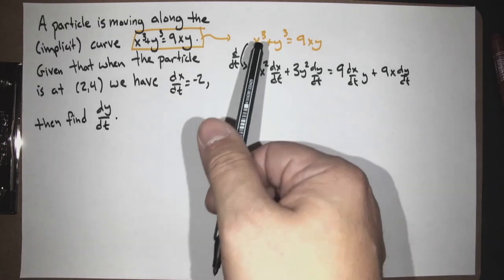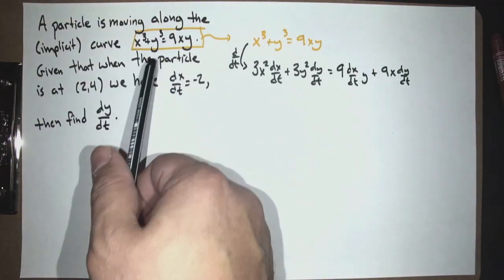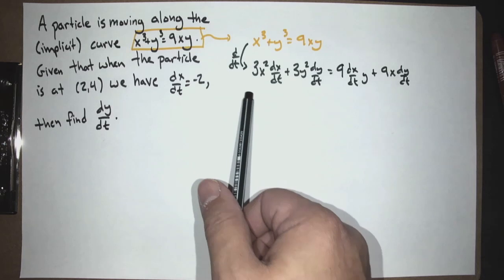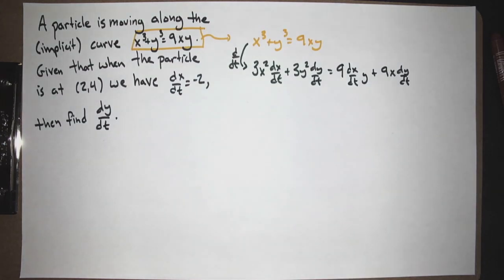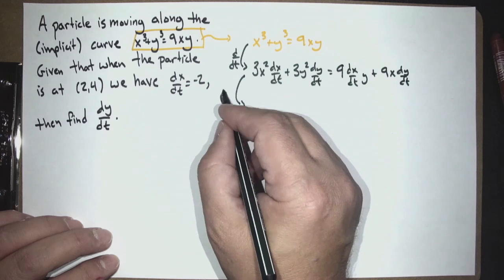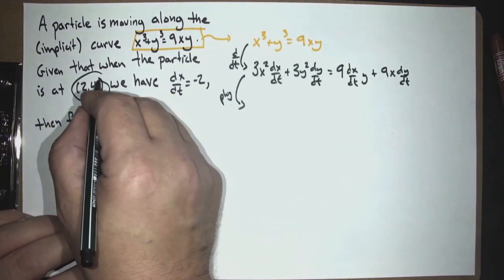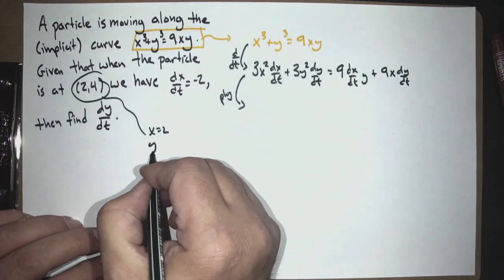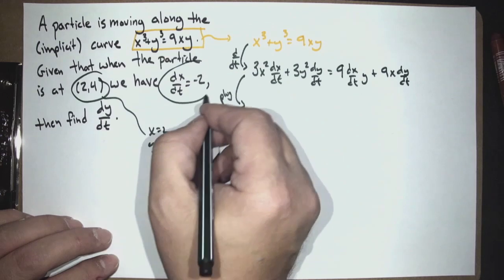You found the relationship by seeing it was already given. You took a derivative. Last thing, plug in. What do we know? Yeah. We know x equals 2, y equals 4, and we know dx/dt.